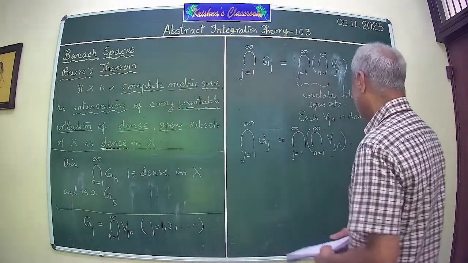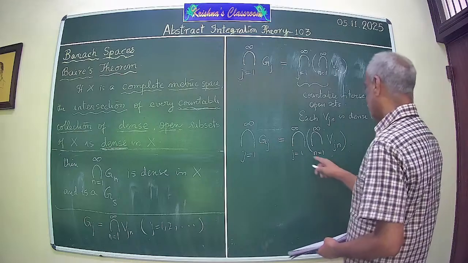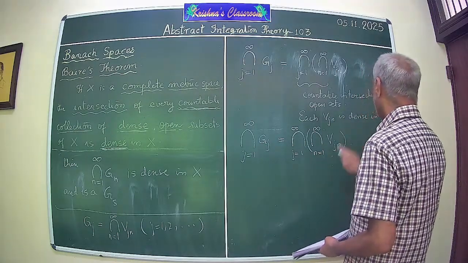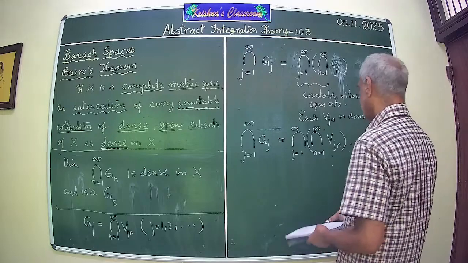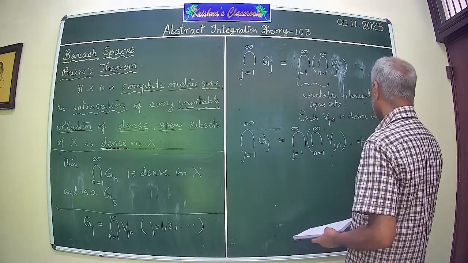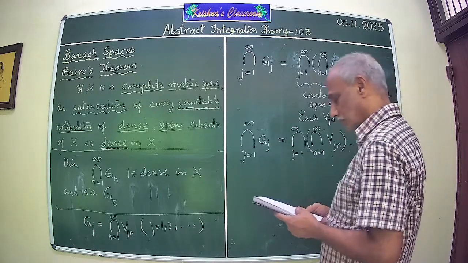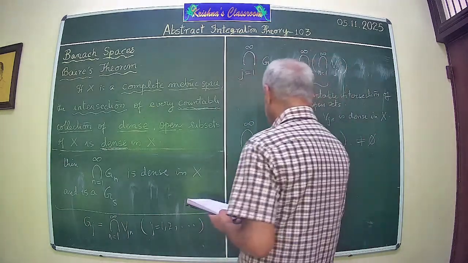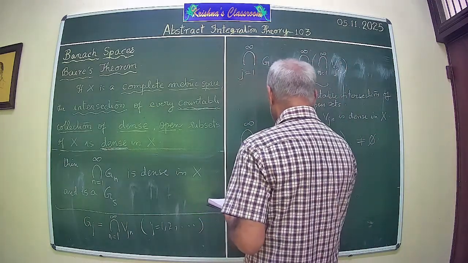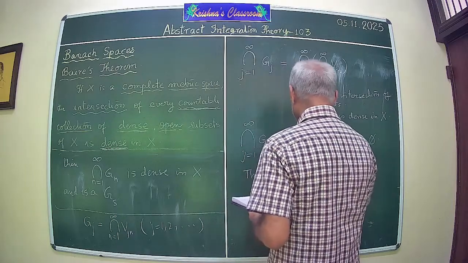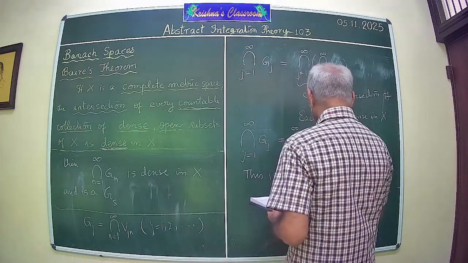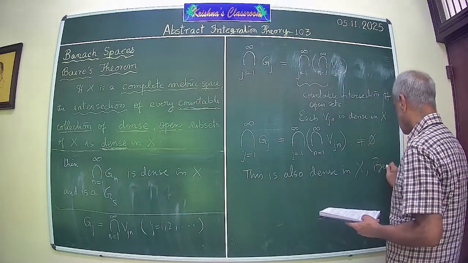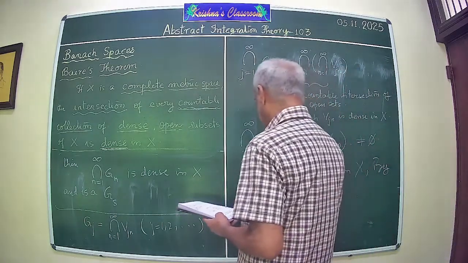And this will become simply a countable intersection of dense open sets, which is dense, and this is also by Baire's theorem.